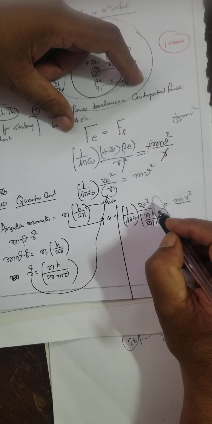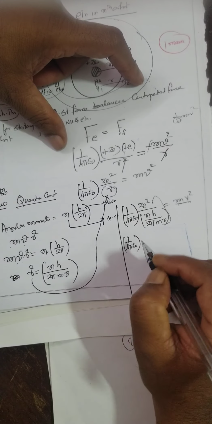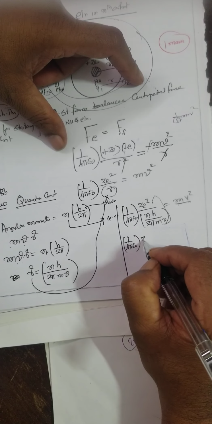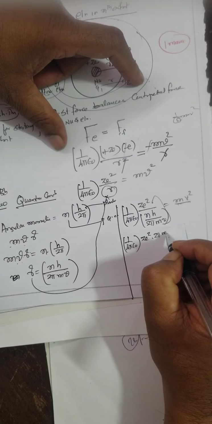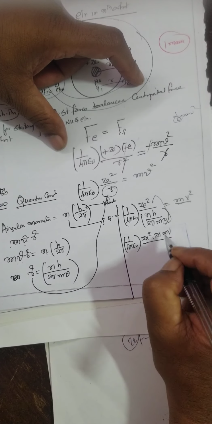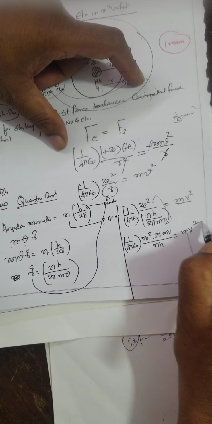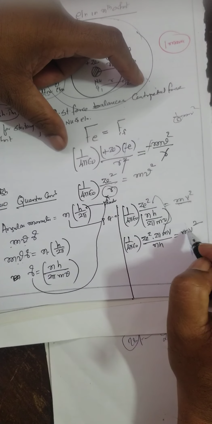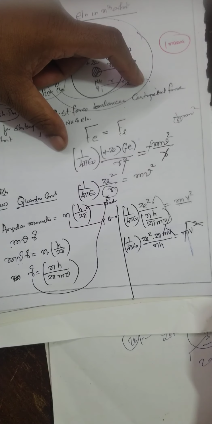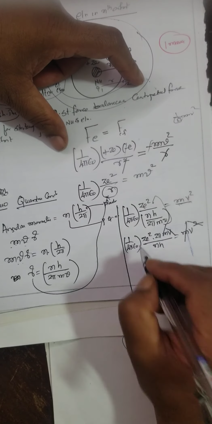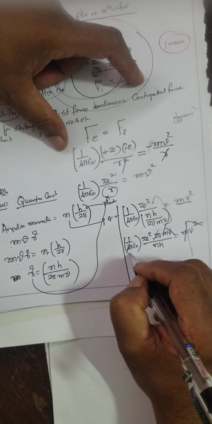Now this goes up: 1 by 4 pi epsilon naught Ze square, 2 pi mv by nh is equal to mv square. This m will get cancelled. One v gets cancelled. What else? Here 2 gets cancelled.